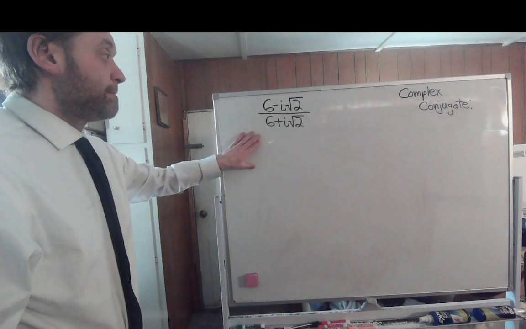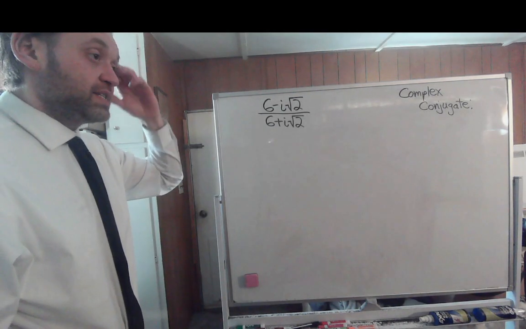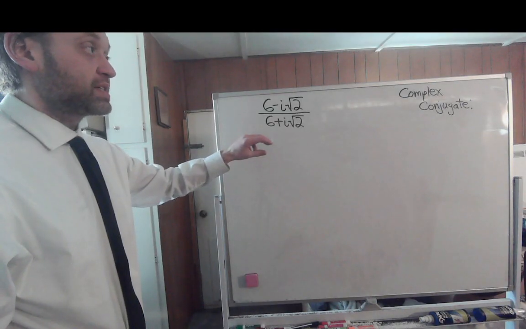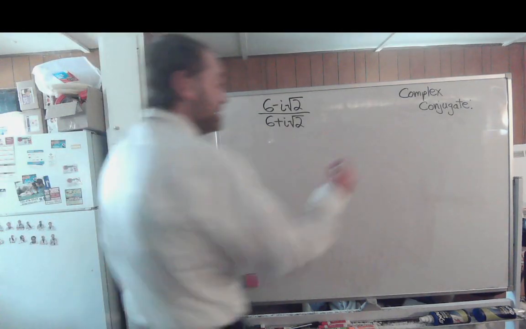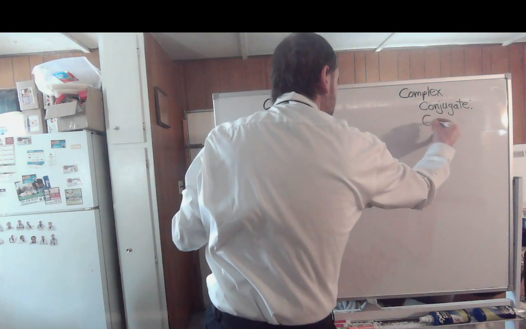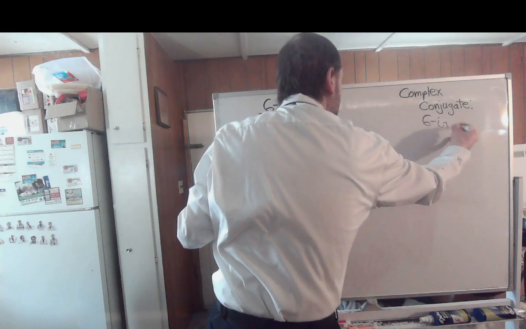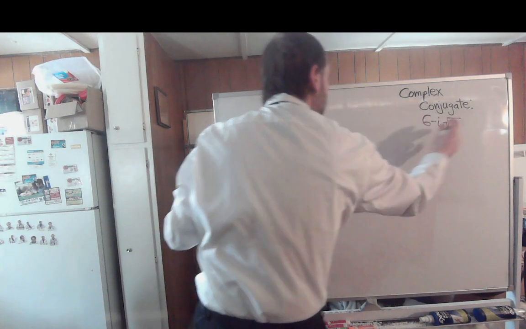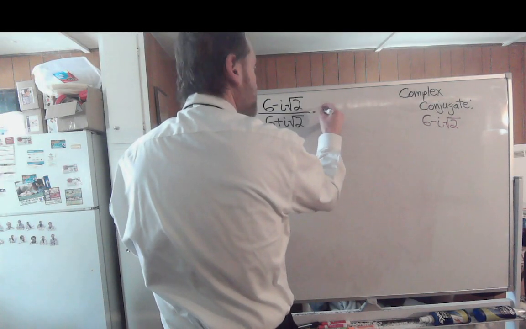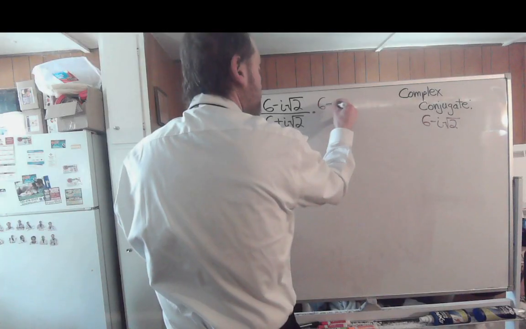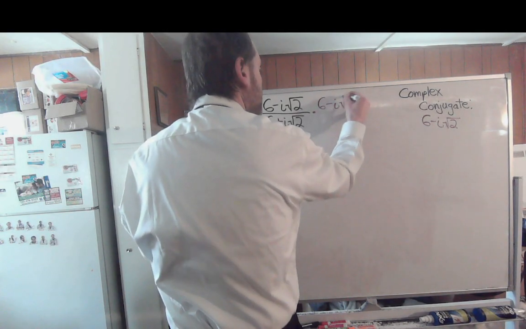Well, we want to rationalize the denominator, so the complex conjugate of 6 plus i times the square root of 2 would be 6 minus i times the square root of 2. So yes, it always helps to identify your complex conjugate first. So now multiply both numerator and denominator by that 6 minus i times the square root of 2.